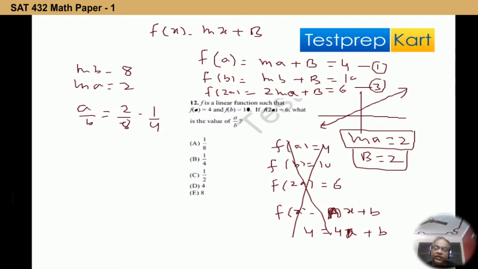Taking first and third, get the value of ma, substitute ma in either the first or third equation, and find out b. While finding b, substitute in the second and get mb also. So once we get ma and mb, divide these two and get the required result, that is a upon b, which is 1 upon 4, and option B is correct.